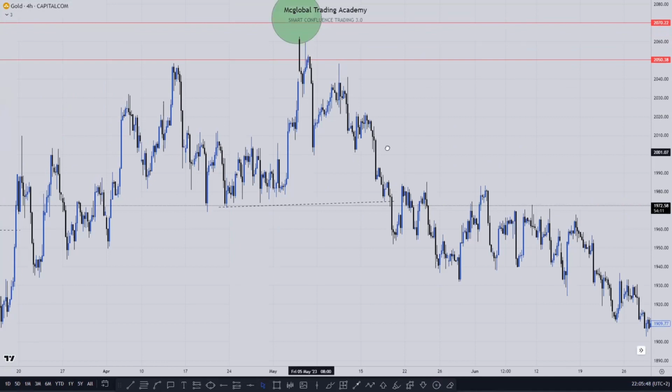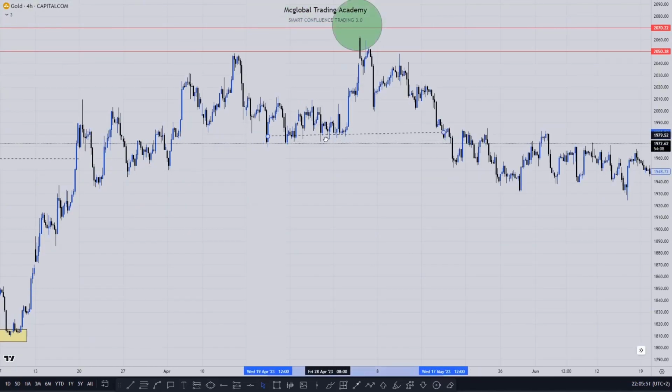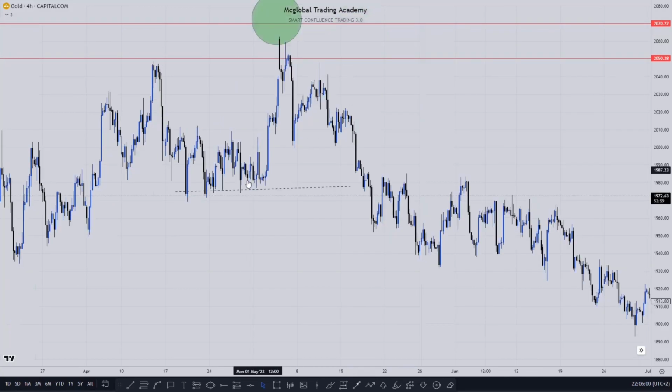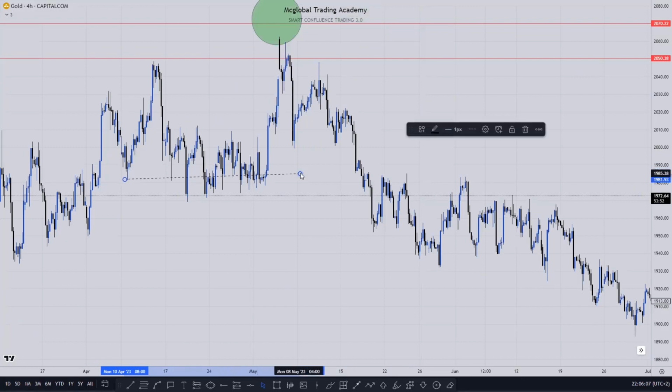Something like this, something of this nature. Or you could have done something like this. Change of character: they came, wiped all the liquidity, tapped into our previous swing high. Here they came, closed above, came back below, which is sort of like a fake out.